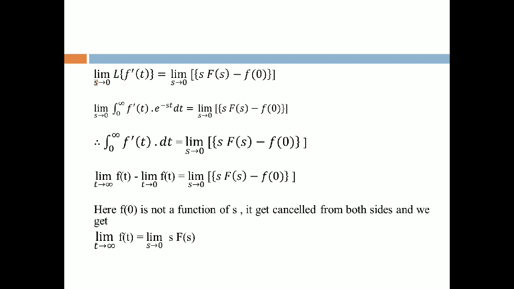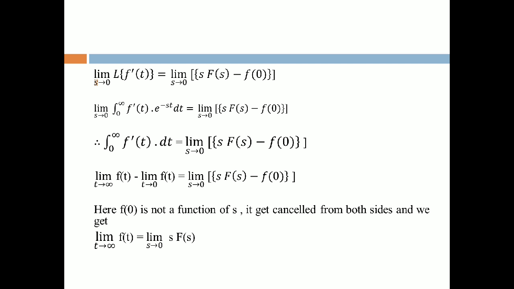Now by the fundamental theorem of calculus, we know that the integral from 0 to infinity of f'(t) dt is equal to limit t tends to infinity f(t) minus limit t tends to 0 f(t), which is equal to limit s tends to 0 of sF(s) minus f(0).